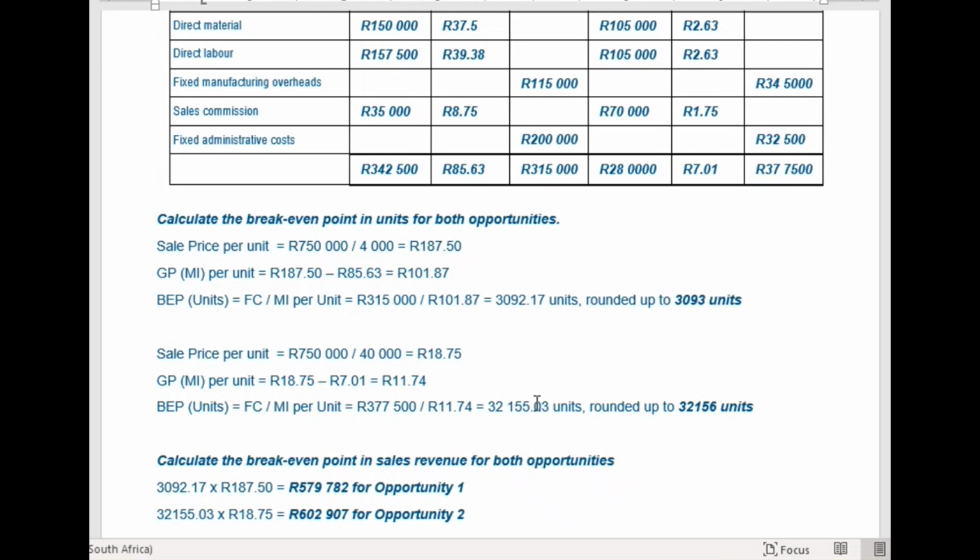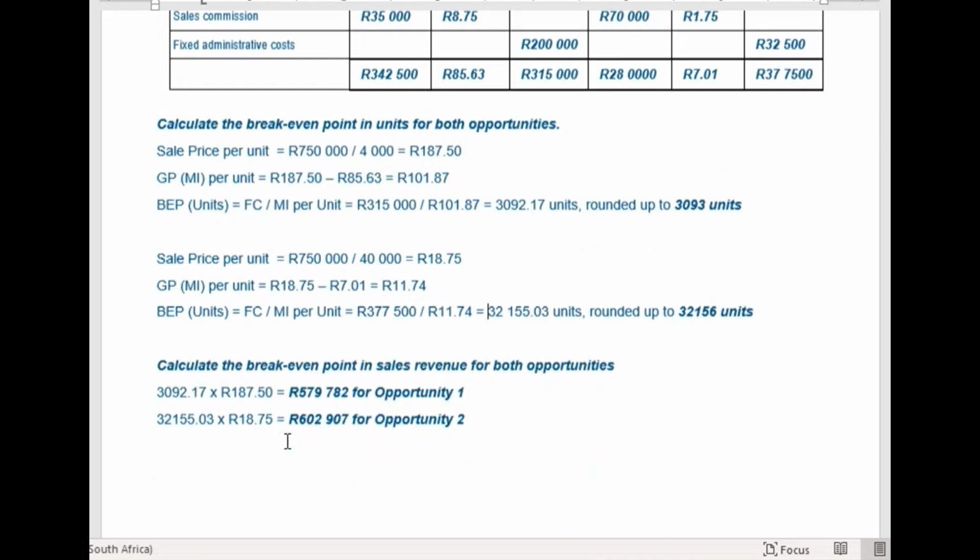But even if it's just 0.03, you cannot round it down, because if you round it down and you sell 32,155 units, you're just not going to break even. So therefore, you must round it up to the next unit, which is 32,156 units.